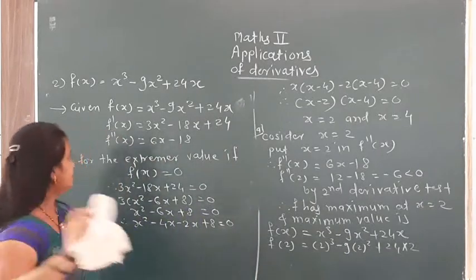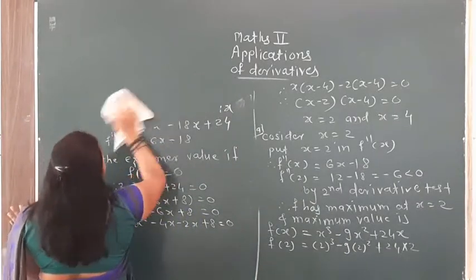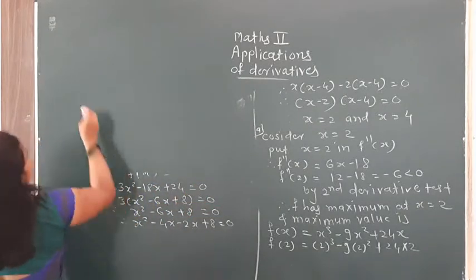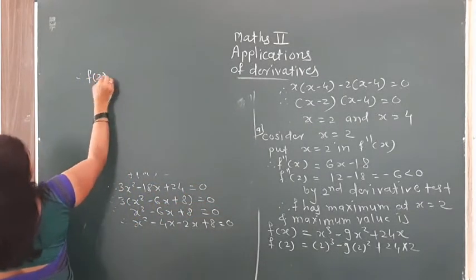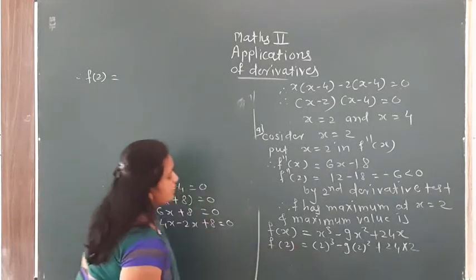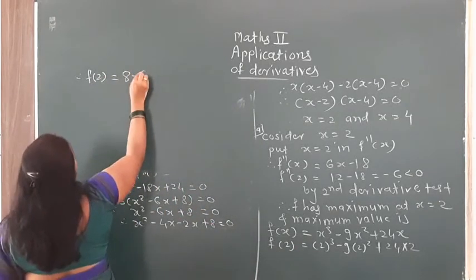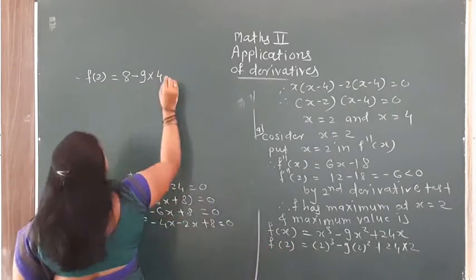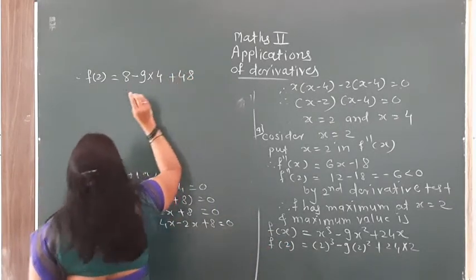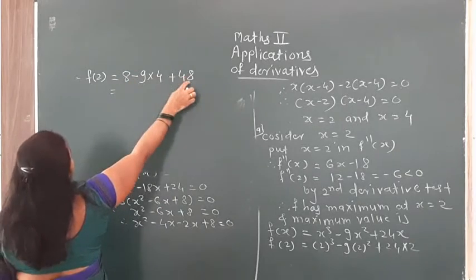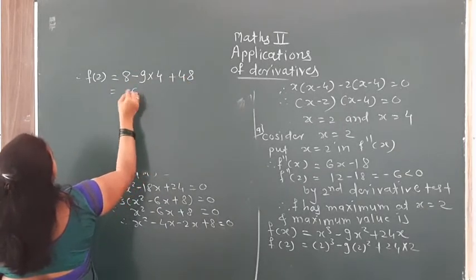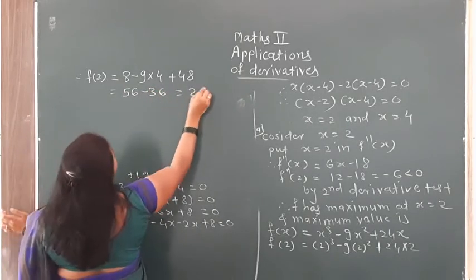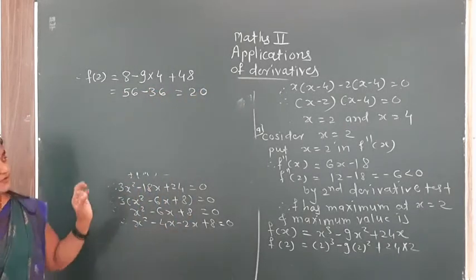Simplify. So f of 2 is equal to 2 cube, that means 8, minus 9 multiplied by 4 plus 48. So we get 48 plus 8, which is 56, minus 36. We get 20. So the maximum value is 20.